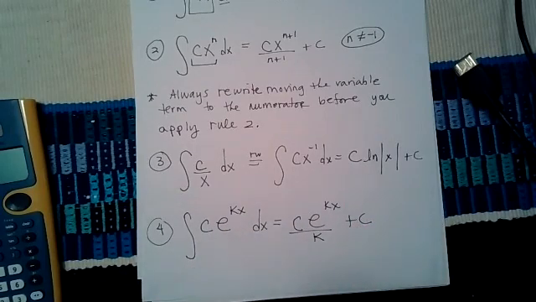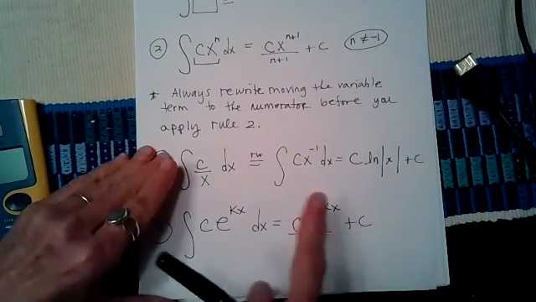So these are all 4 of your rules, and I'm going to talk about rule 4 in just a minute. And then I'm going to open up the homework problems and just work them out step by step so that you'll see them. So when you're working them out, they'll be in the same order. But I want to talk about e's just like ln's for just a second over here.